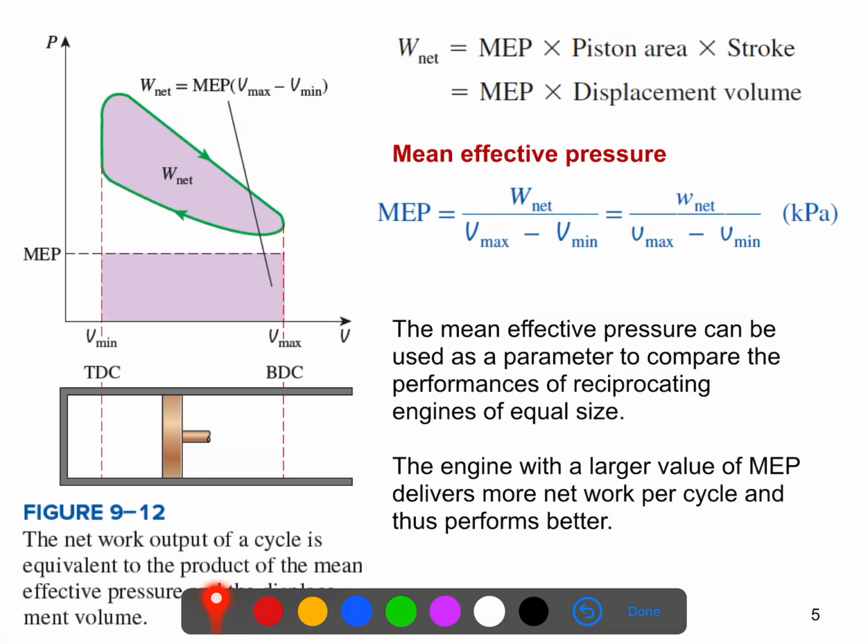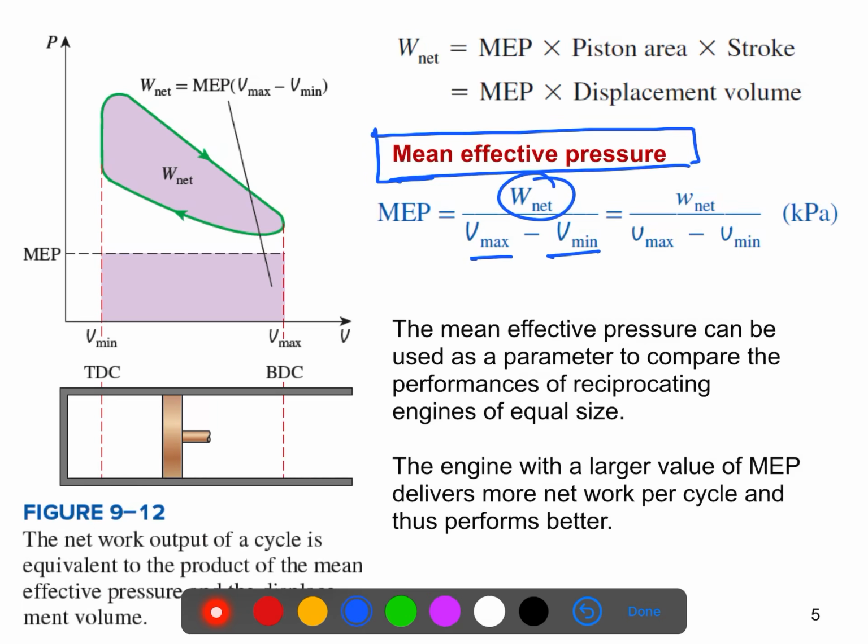Now there is another important quantity: the mean effective pressure. Mean effective pressure is the ratio of the net work to the volume difference, the difference between the maximum and the minimum volume.